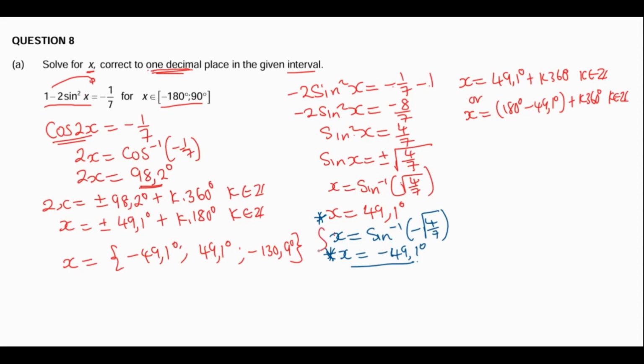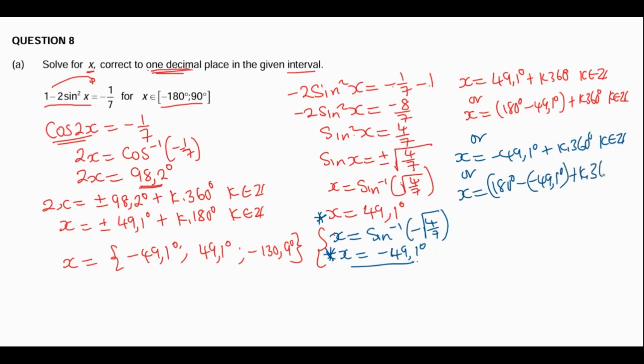We have this part also: x is equal to negative 49.1 degrees plus k times 360 degrees, where k is an integer. We can also have x is equal to 180 degrees minus negative 49.1 degrees plus k times 360 degrees, where k is an integer. Then you can put these things in the calculator. You're still going to get these as your solutions.